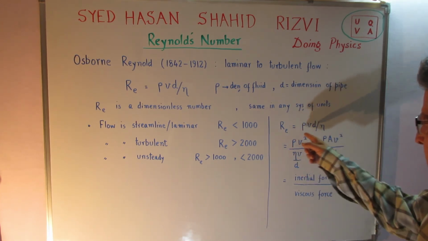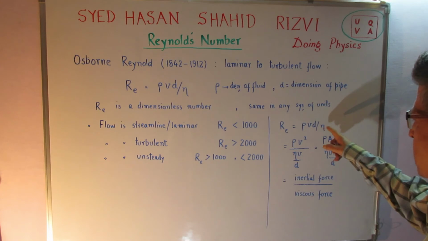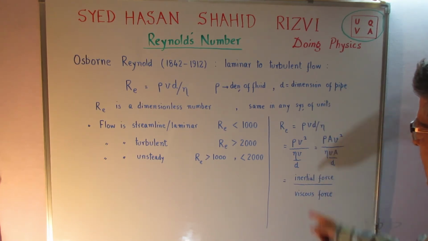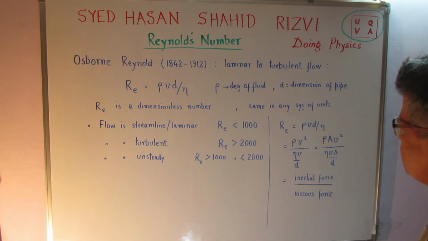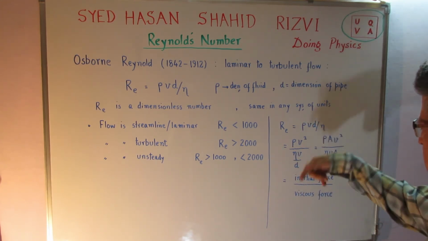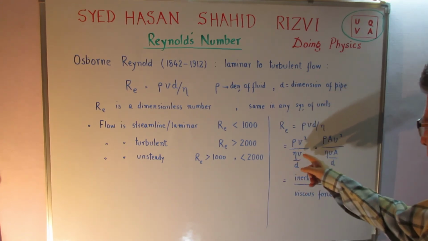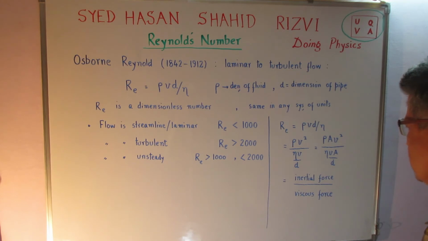Now Re is said to be equal to rho Vd upon eta. I can multiply by V here and in the denominator, and take this d out and put it here. So rho V square upon eta V upon d.